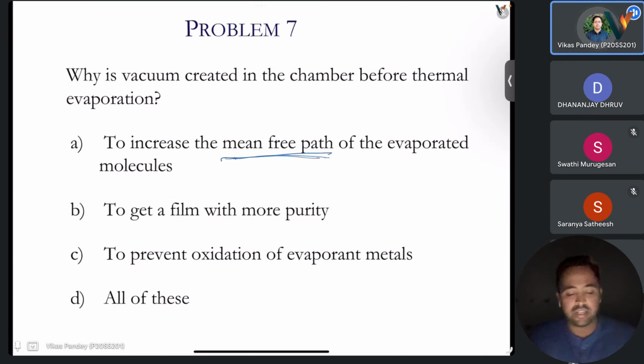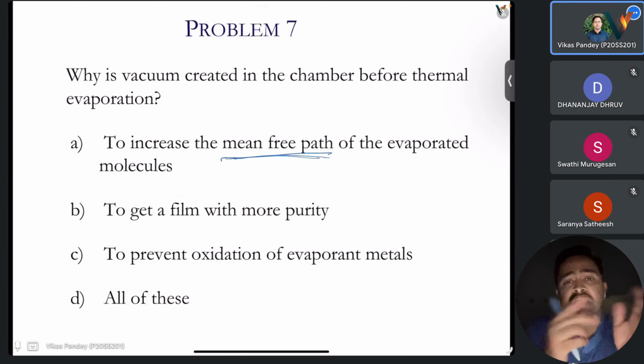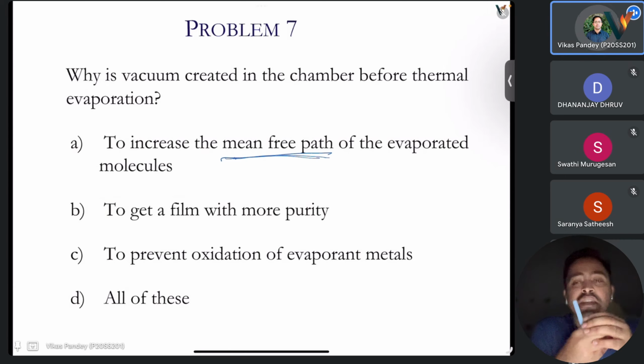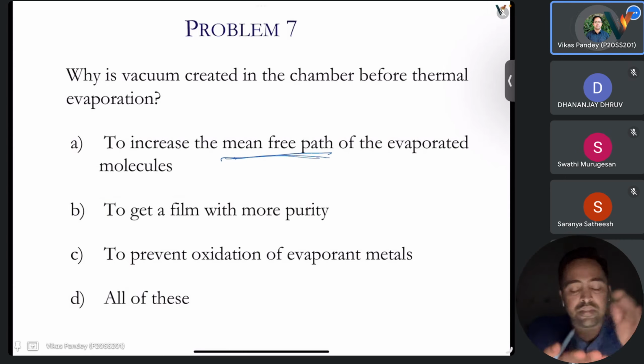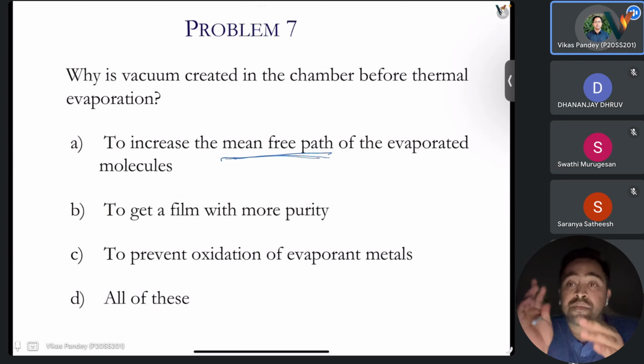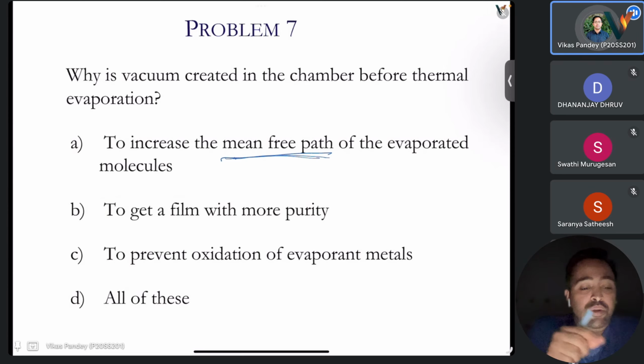Yes, very right. So, we want the least number of collisions. In fact, ideally there should be no collision between the material that we are evaporating and the sample. It should directly evaporate from here and go and stick on the sample.